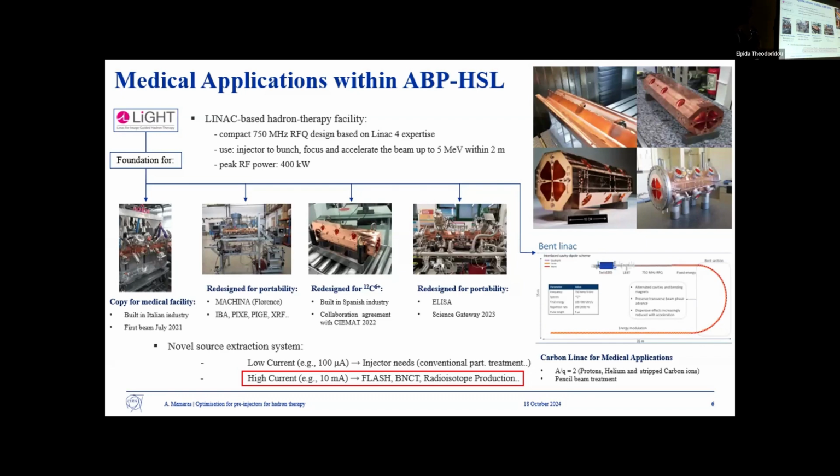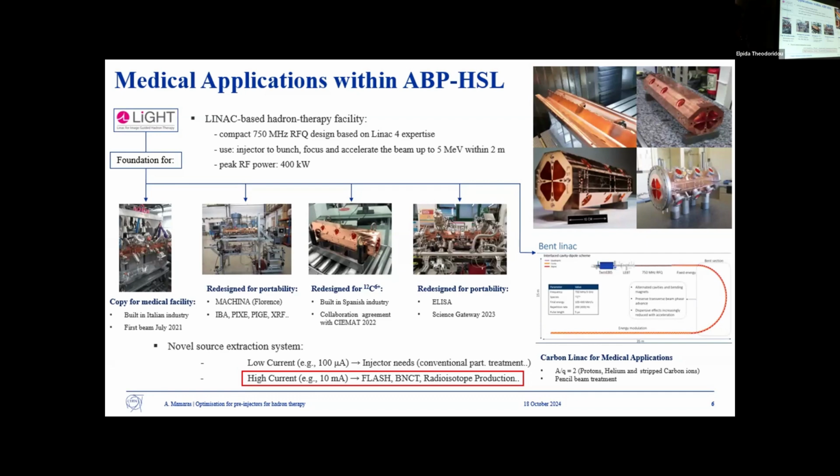And of course, last but not least, the BentLinac concept, which is a linac-based hadron therapy facility with a linac able to accelerate up to A/Q of 2 and a wide variety of applications like PBT treatment, FLASH therapy, etc. Within this scope of medical applications research, we also have a wide part focused on novel extraction and compact systems from the ion sources, which we separate into low current applications and high current.